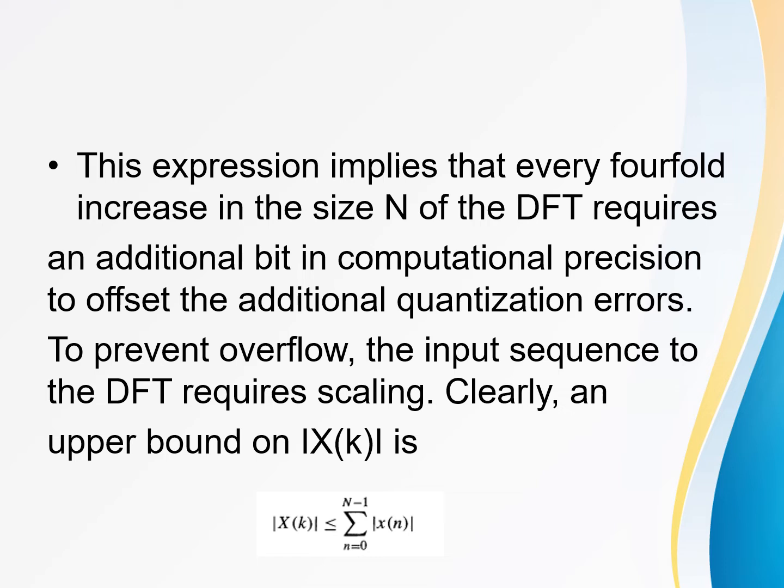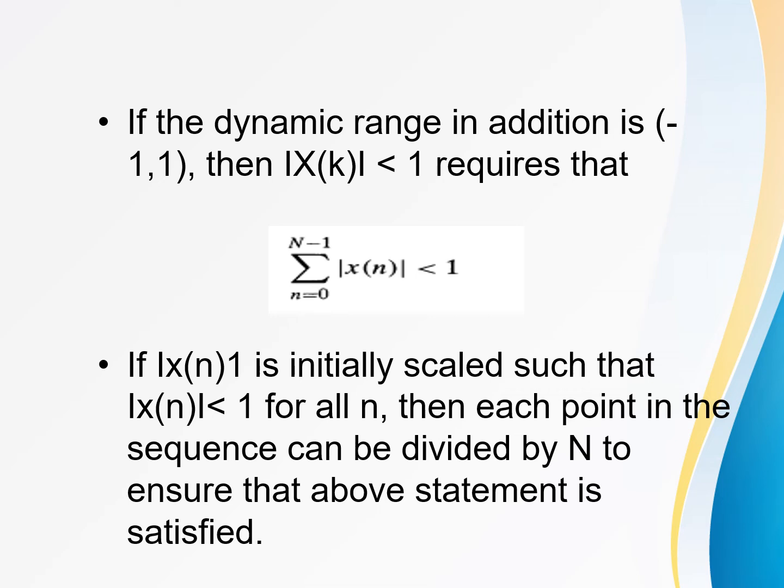To prevent overflow, the input sequence to the DFT requires scaling. Clearly, an upper bound on mod of X of k is less than or equal to the summation from n equals 0 to N minus 1 of mod of x of n. If the dynamic range in addition is minus 1 to 1, then mod of X of k less than 1 requires that the summation from n equals 0 to N minus 1 of mod of x of n is less than 1.